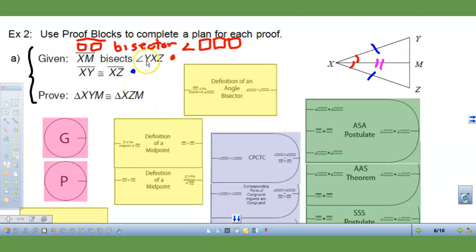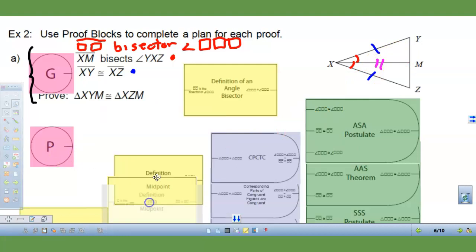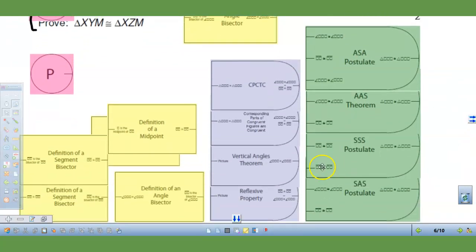Okay, and I mentioned this one where they just tell us these two are congruent with no reason why. That's what we use the given for, these G's. The G stands for given. We don't have to have a reason. They just told us it's true. Lastly, we had that XM is equal to XM. We just looked at the picture, the P, okay? From the picture, we said these two segments are equal to themselves, and that's called reflexive.